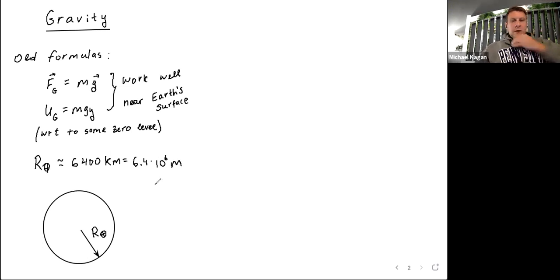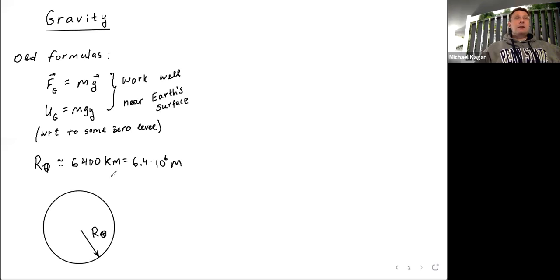Anything that's significantly smaller than this distance should be fine. Even Mount Everest, which is roughly 9 kilometers tall, is still much less than this. So even for Mount Everest, this formula should work pretty well.